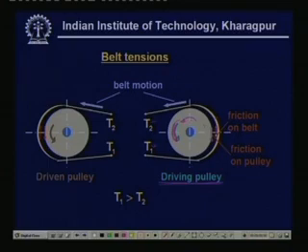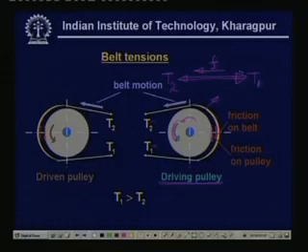It will just push the belt in this direction, thus creating a motion of the belt as shown by this particular arrow. So, if we just look at this particular belt, you can see that there is a T2 acting on this side, a T1 acting on this side, and the friction force acting on this side.